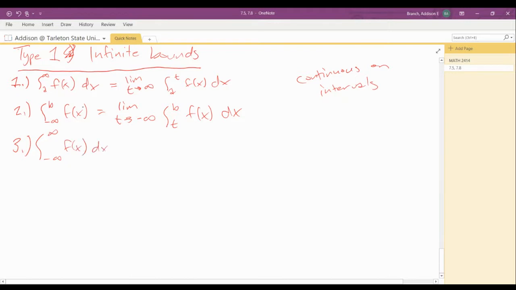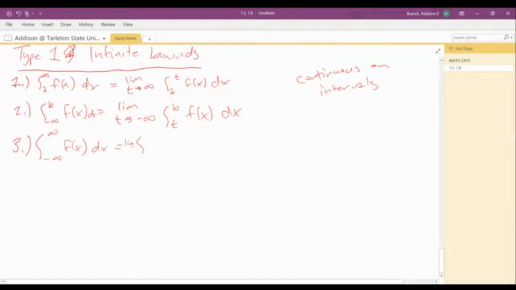which is whenever we go from negative infinity to infinity. Whenever we have that situation, we have to break this up into two separate integrals. When we do this, we can pick any arbitrary a that we want. We can say a can be anything, but we can use it to separate this out into 2 limits.